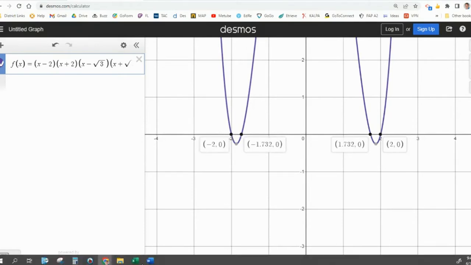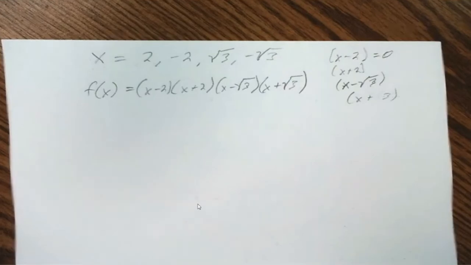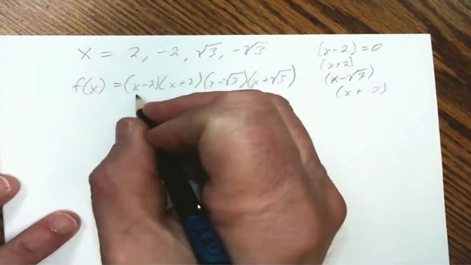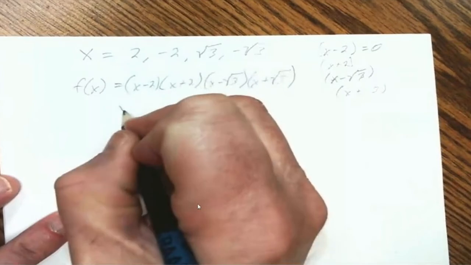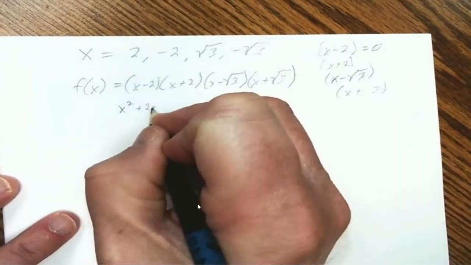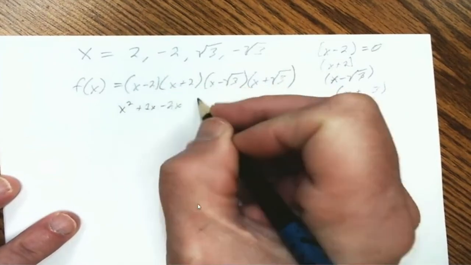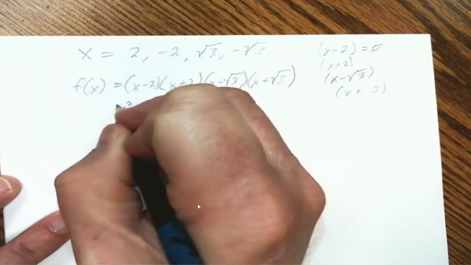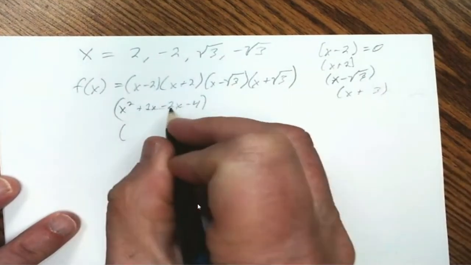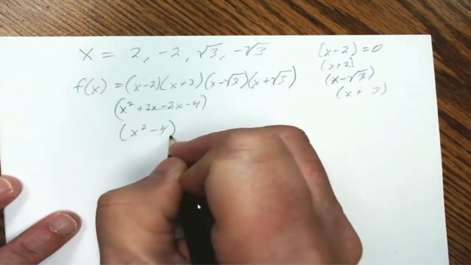So what happens when they want us to write that in standard form? It takes a little bit of work, but we can do that. We would have to multiply it out. X times x is x squared. X times 2 is 2x. Negative 2 times x, and then negative 2 times 2. So the first one simplifies, because these cancel each other out: x squared minus 4.